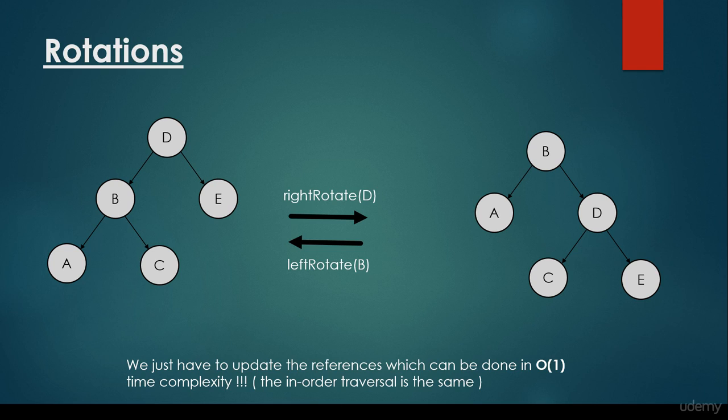What's the in-order traversal for the left subtree? It's going to be A, B, C, D, E. What's going to be the in-order traversal in the right subtree? It's going to be A, B, C, D, and E. So that's why these rotations are very handy.